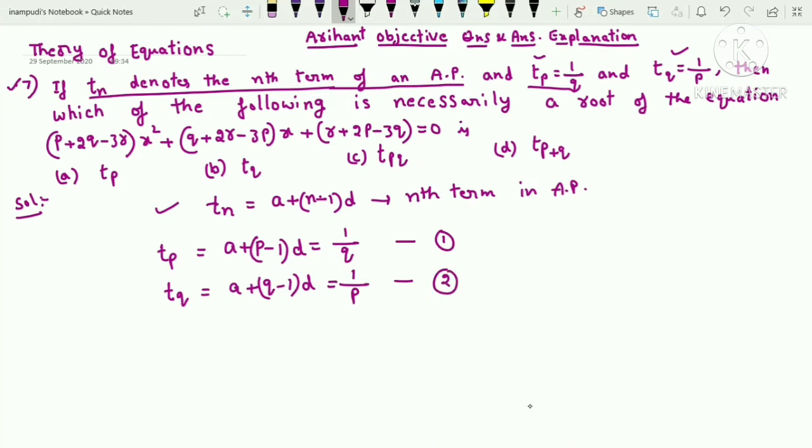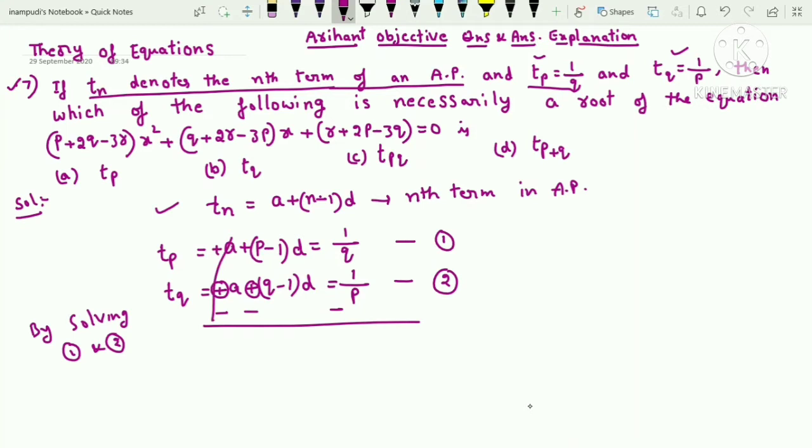By solving 1 and 2, by subtracting, here minus, here also minus. Plus a minus a cancels out.